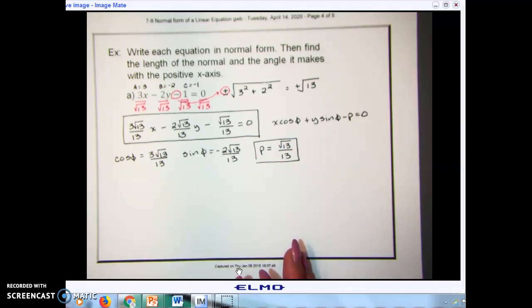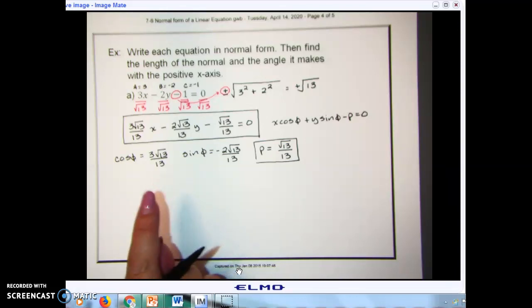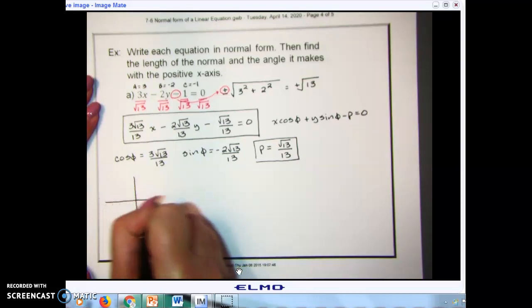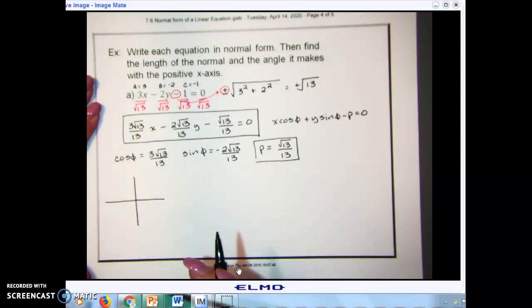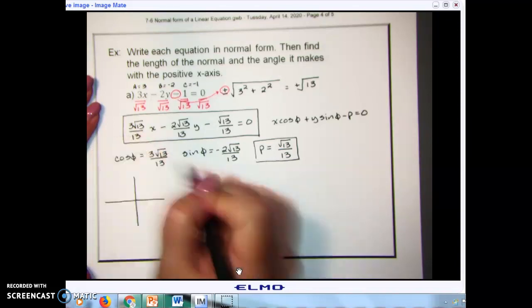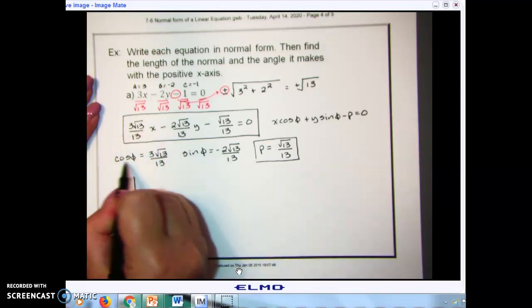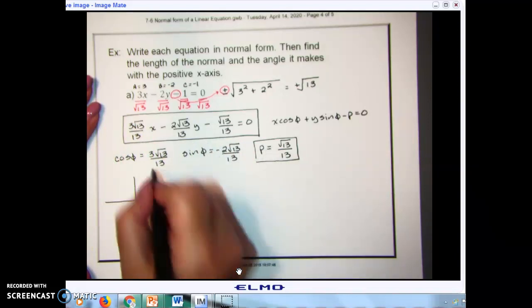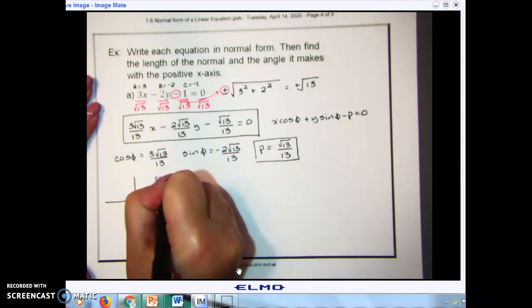So now we want to find the phi value. So what we need to do is figure out what quadrant we are in. So notice my cosine is positive, but my sine is negative. So that's saying my x value is going to be positive, but my y value is going to be negative. So remember, here cosine of theta is positive.